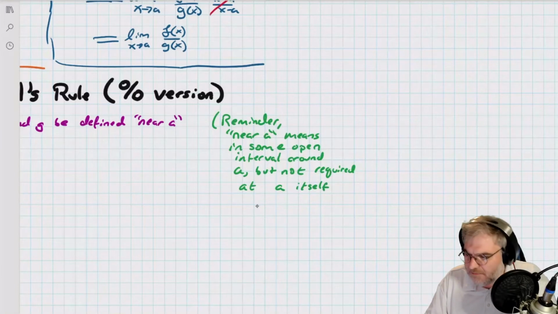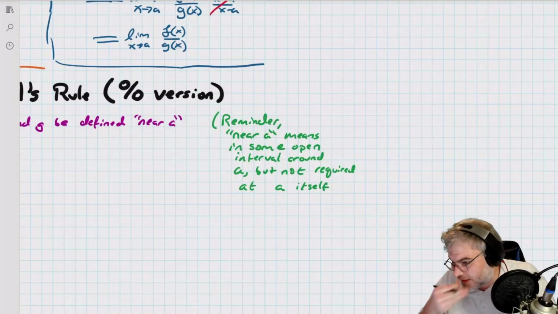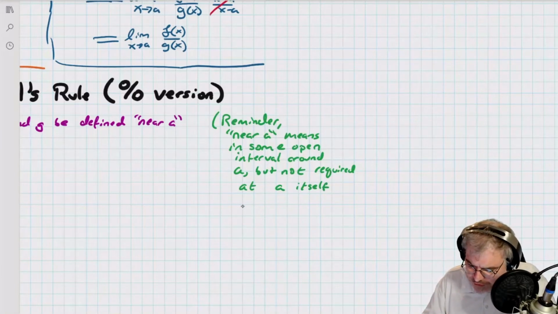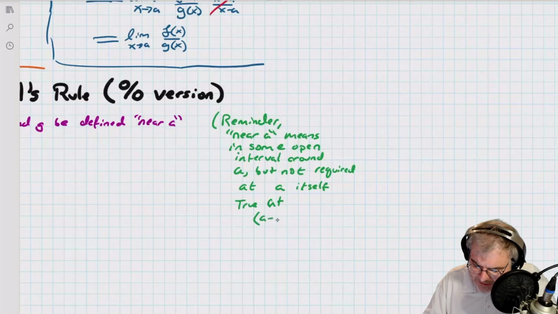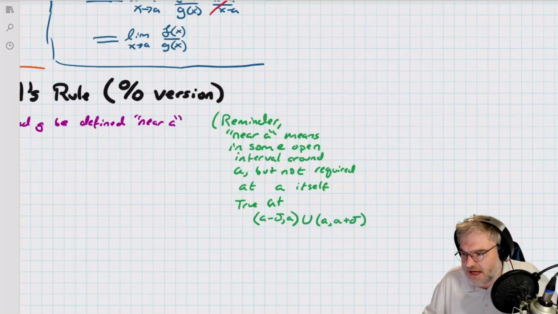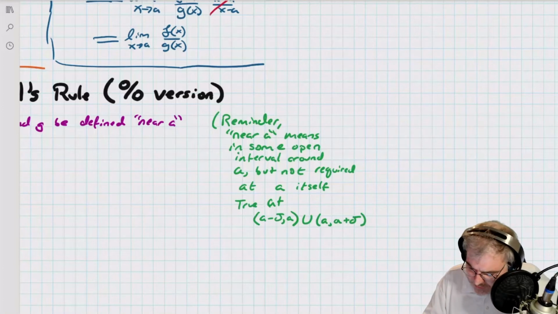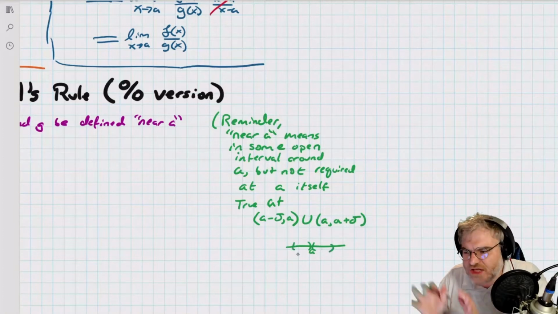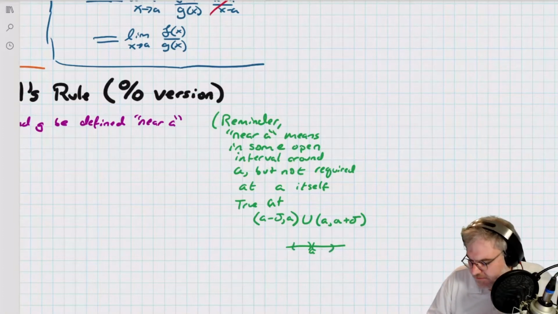Right, so I've got some interval, and remember I used delta for this. I've got it so true on (a minus delta, a) union (a, a plus delta), for some delta. It goes on here in the x space. Here's a, and it goes on here and here for some little insignificant piece.